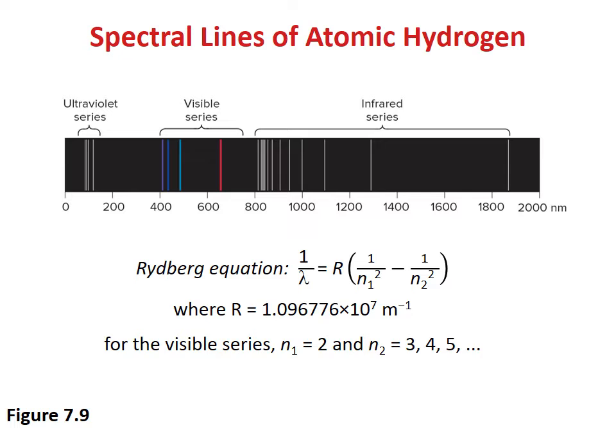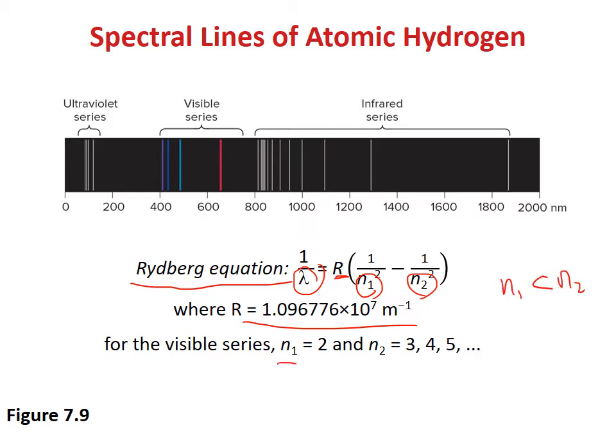The Swedish physicist Johan Rydberg developed a mathematical equation called the Rydberg equation to predict the position and wavelength of any line emitted by hydrogen atom. In this equation, lambda is the wavelength emitted by hydrogen atom, R is a constant with this value, and n1, n2 are two integers. n1 is smaller than n2.